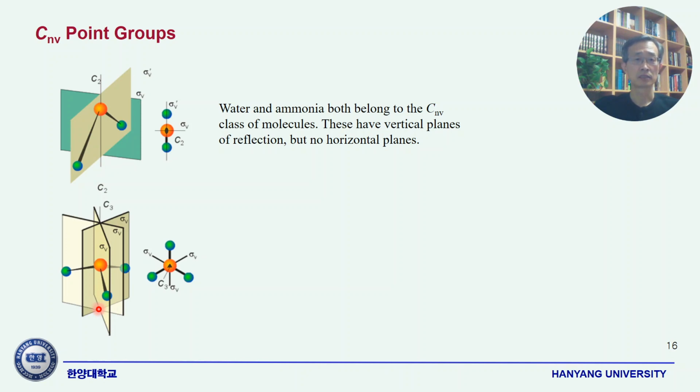But there is no horizontal plane. If there is a horizontal plane, then that's a different one. So CNV point groups all have a CN axis and vertical mirror planes.